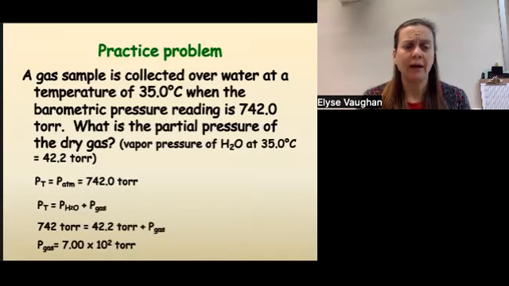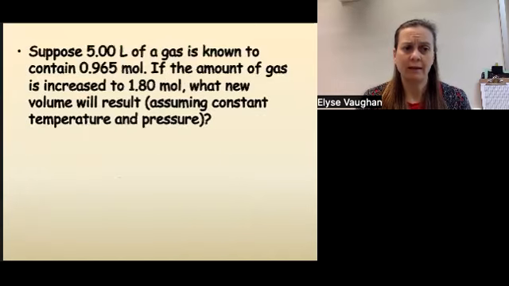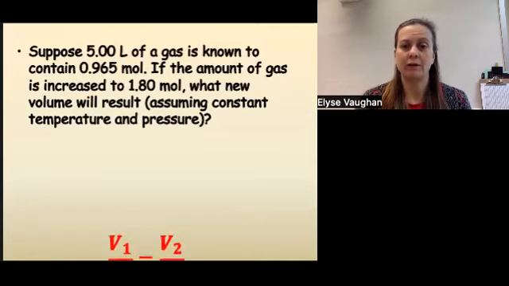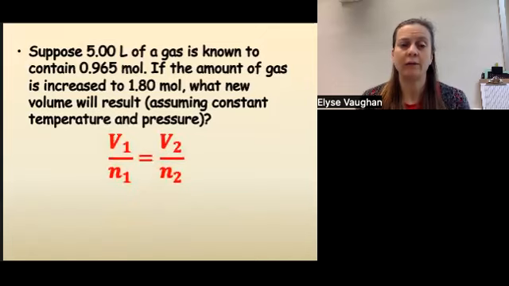Let's take a look at a problem that uses the combined gas law. If we have 5 liters of gas that contains 0.965 moles of gas, and we increase the amount of gas to 1.80 moles, and we want to know what the new volume is, well, now we're going to go to Avogadro's law. That's V1 over N1 equals V2 over N2.